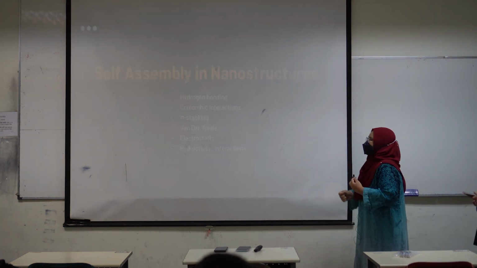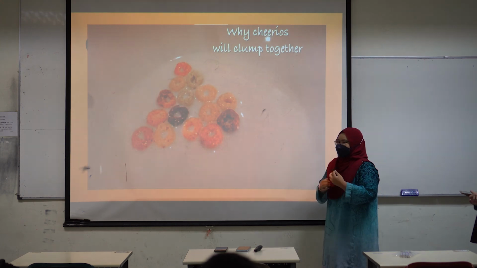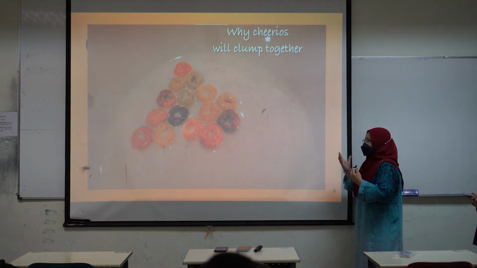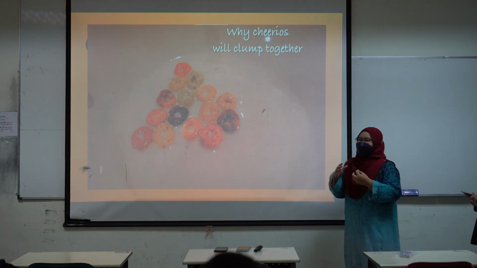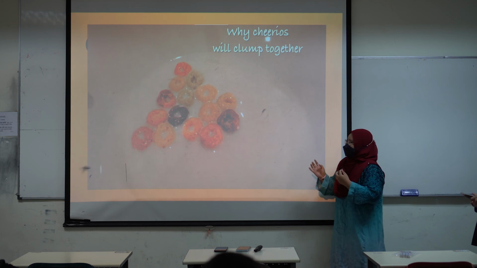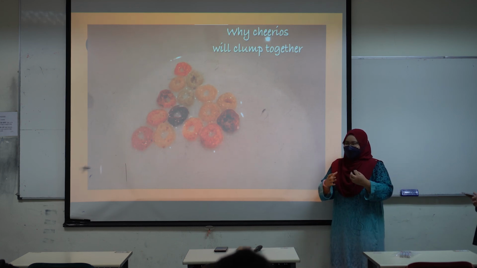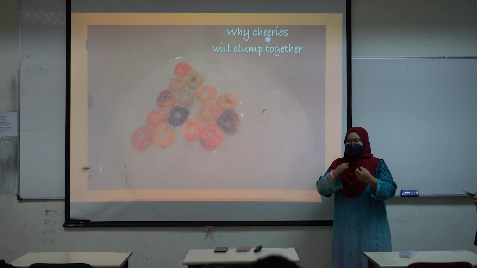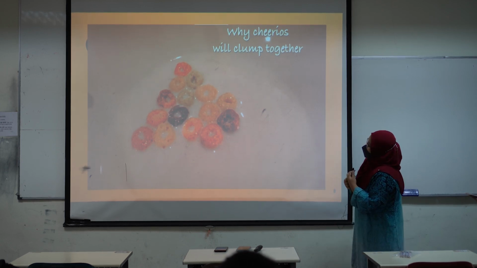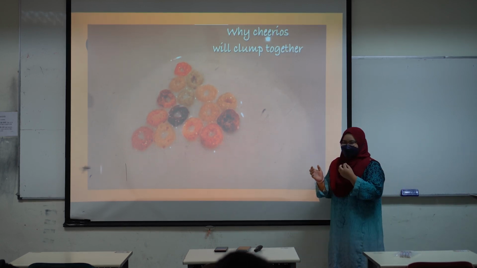Okay, next. One of the simpler examples that we can see in our daily life is, do you realize when we eat cereal or anything, they will usually clump together on top of the milk. This is called the Cheerios effect.